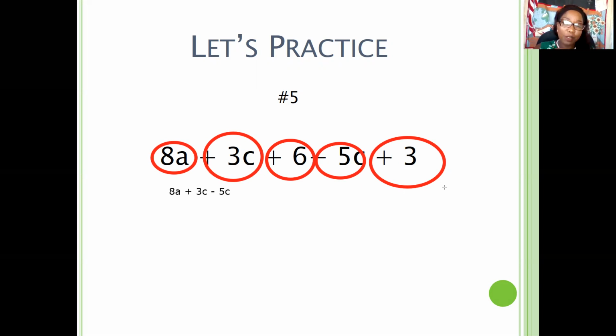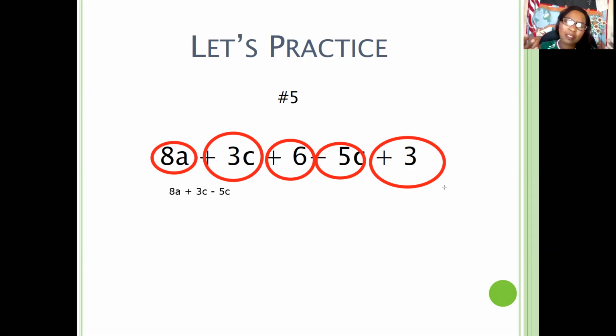So we had 5 terms because I didn't want you to get used to just seeing the same thing all the time. We have 1 a term, that was the 8a, plus 3c, plus 6, minus 5c, plus 3. Now, let's resume.